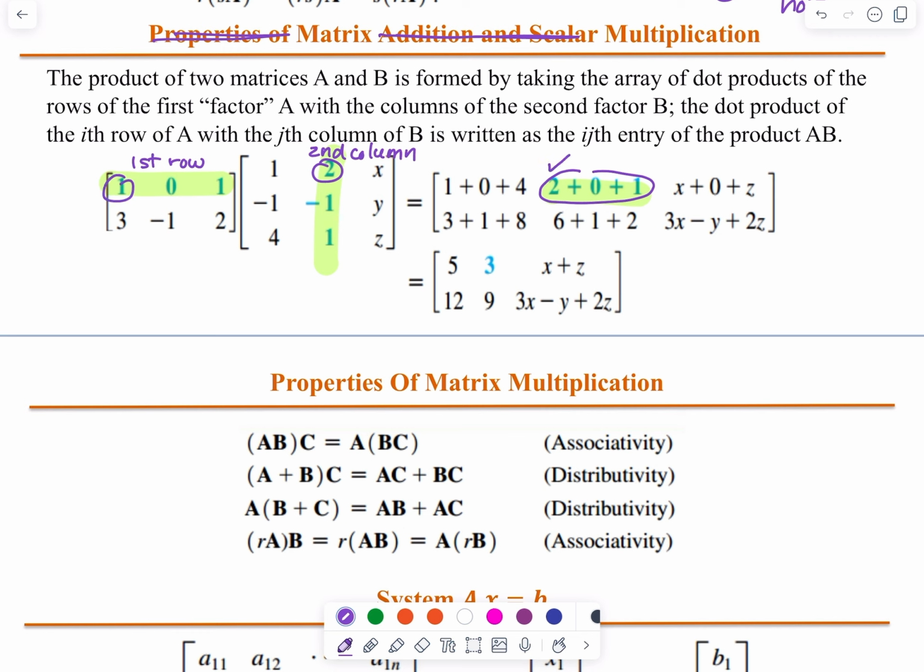We will add that to 0 times negative 1 and come up with 0. And 1 times 1 is 1. And we will add those up. And that entire value, which ends up to be 3, is the result of the dot product of the ith row of A with the jth column of B.